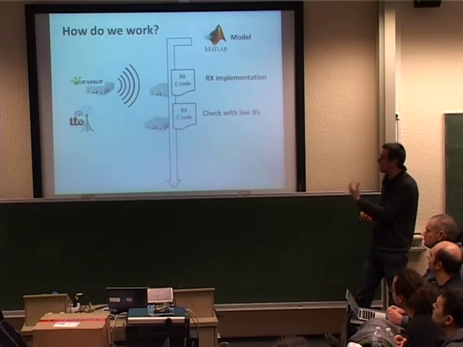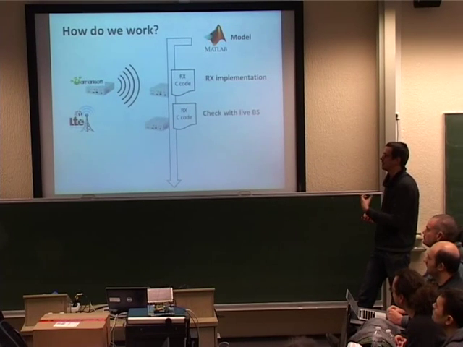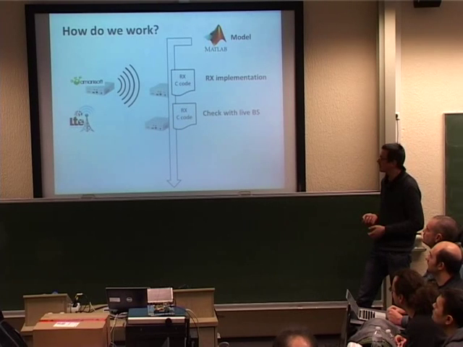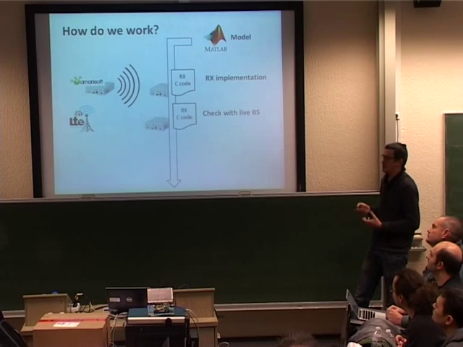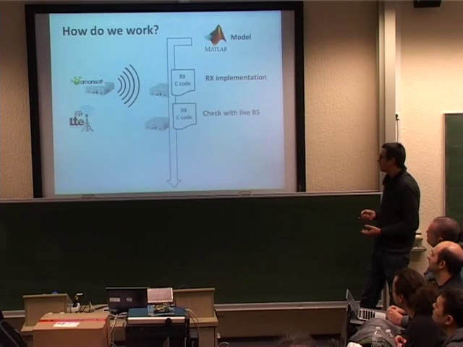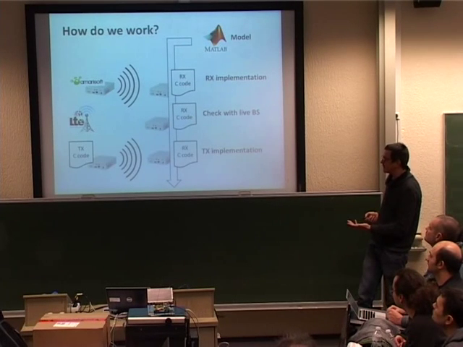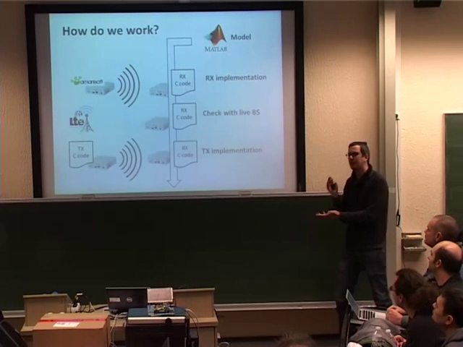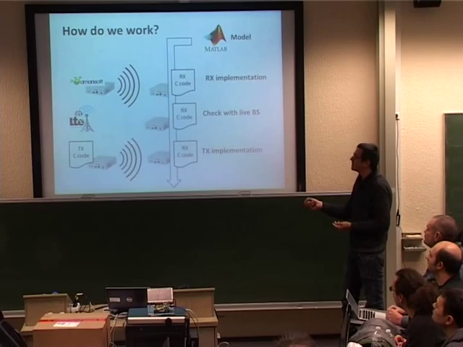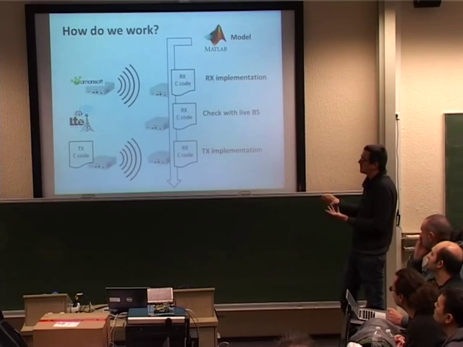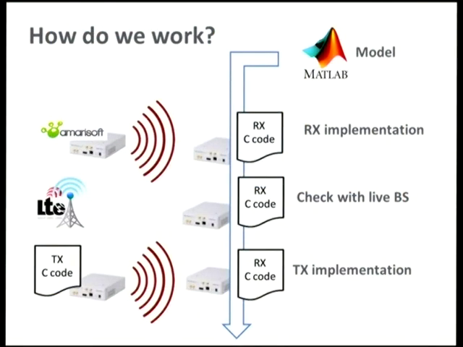Then we move to a live base station, a live signal that we capture from the base station, and we check that our receiver code is working properly. And finally, we make the transmitter, we check it against the receiver that we know is working with the standard, and we verify that the signal generated by the transmitter is the same as the others.